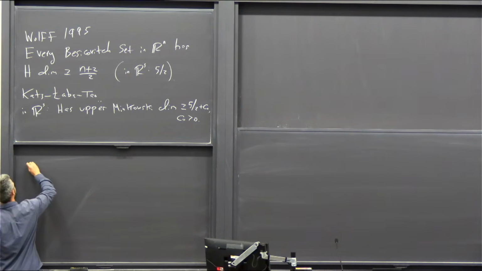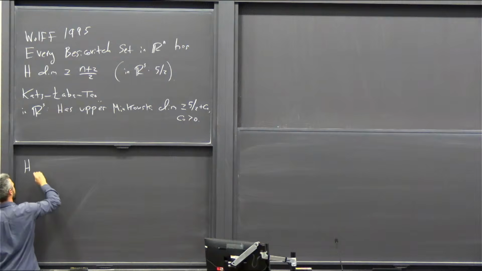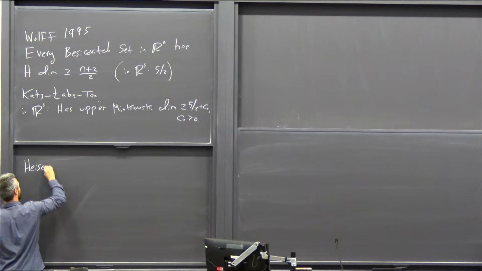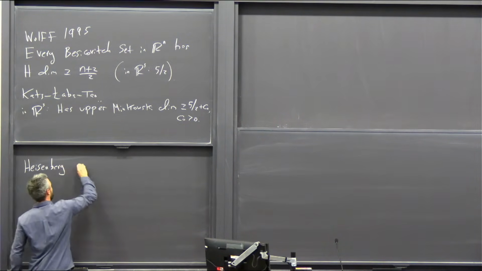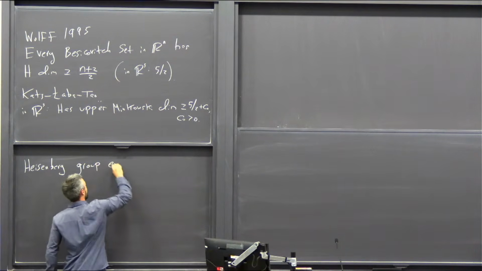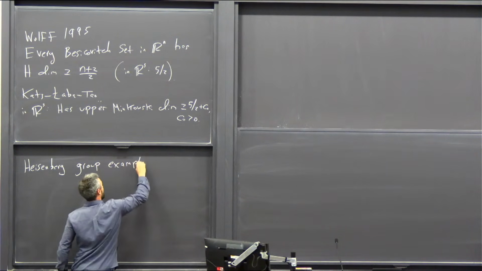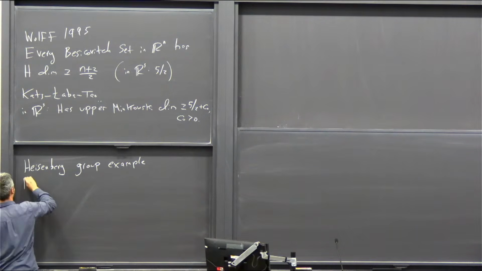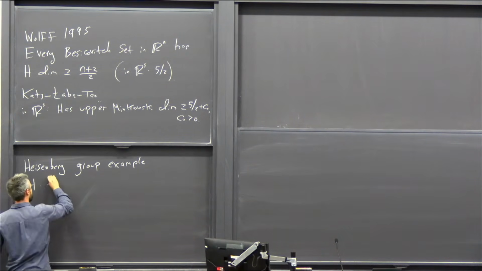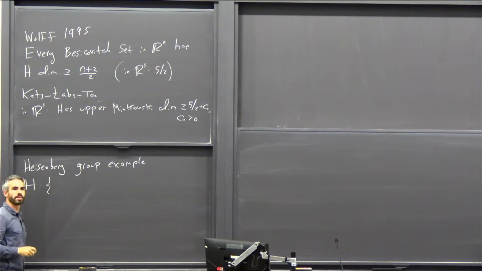Sometimes it's called the Heisenberg group example. That's what Katz, Łaba, and Tao call it. And it's the following set. I'm going to call this thing blackboard bold H. It's a subset of C^3 rather than of R^3.